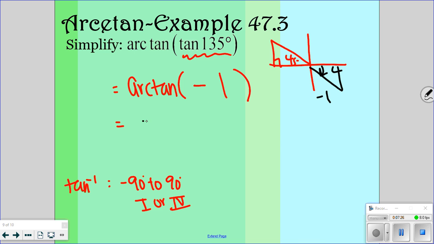Well, that's going to be -45 degrees because you're going to go down by 45. And so that would be your answer there. So just because you have arctangent and tangent doesn't mean that it's going to be equal to 135. You have to make sure you're in between the correct range here.